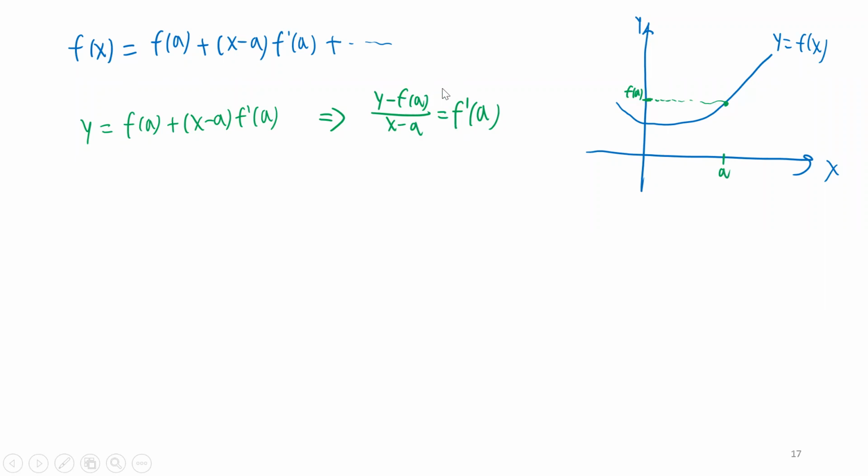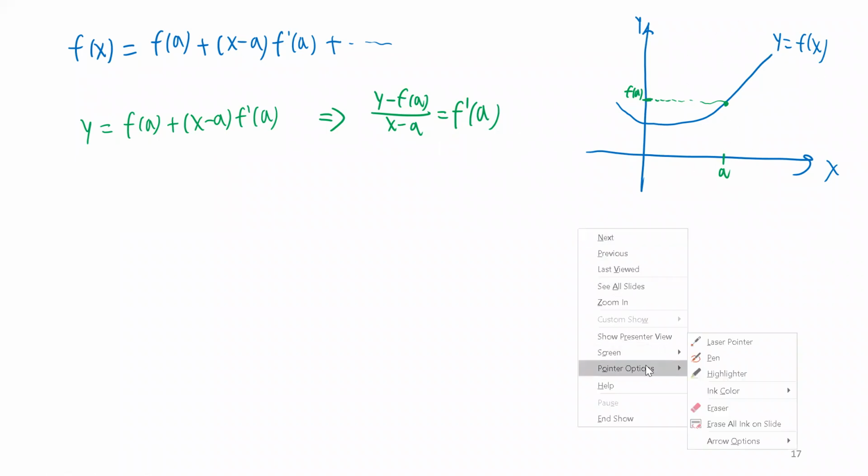Now, what is the slope of this line? The slope of this line is given by f prime a. And what is f prime a? It is the slope of the tangent of my original function.